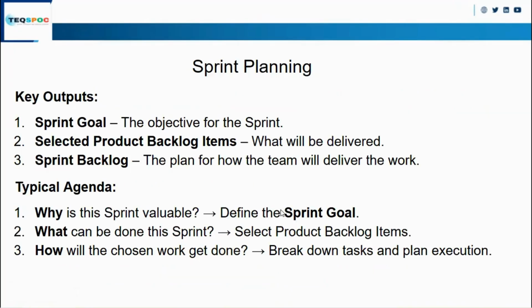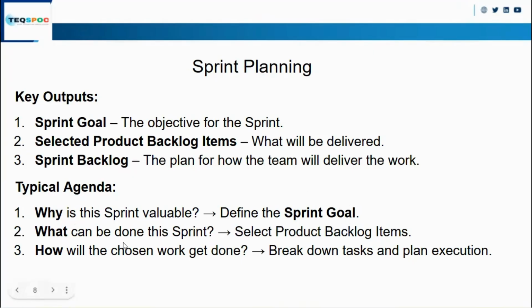Now, sprint planning, what are the key outputs? During sprint planning, we create the sprint goal. We can prioritize the sprint backlog and product backlog. This we do. What is the agenda of the sprint planning meeting? The agenda is: why is this sprint valuable, meaning defining the sprint goal.